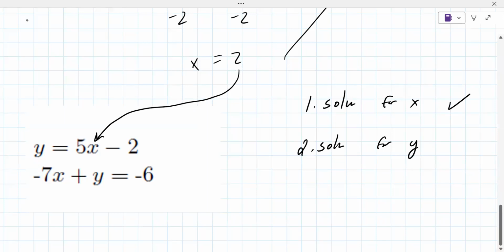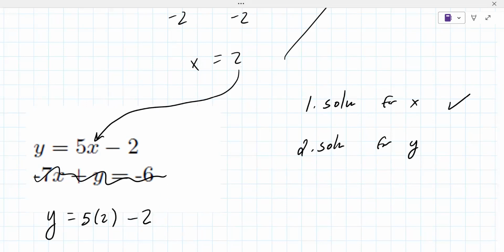So I want you to put x into that first equation. You don't need the second one. So y equals 5 times 2 minus 2. Can you simplify that for us, please?